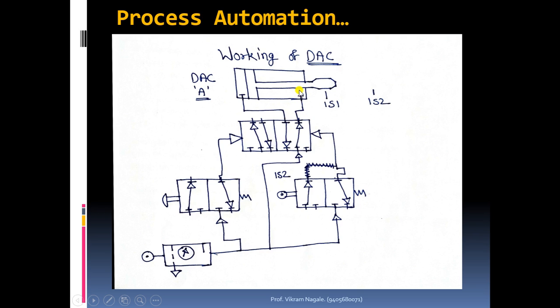So now reverse motion will be there, that is, the piston which is on the extreme right side has to move towards the left side, means there will be retraction of the cylinder, and whenever this piston is moving in the leftward direction, the rod end has to move in the leftward direction.